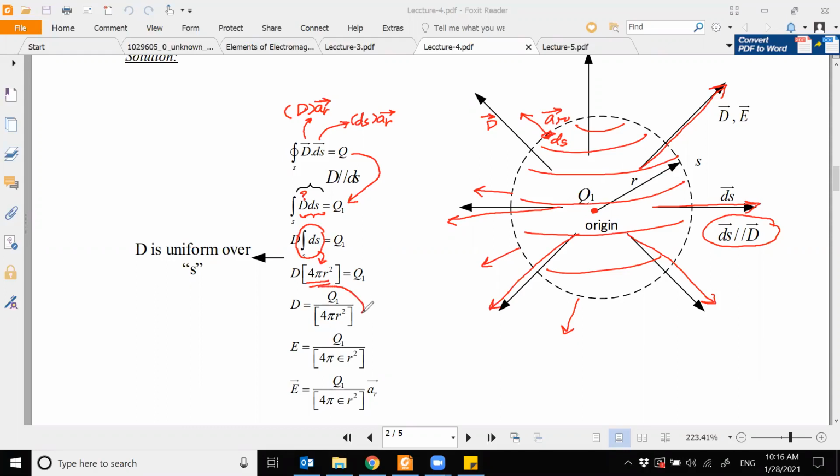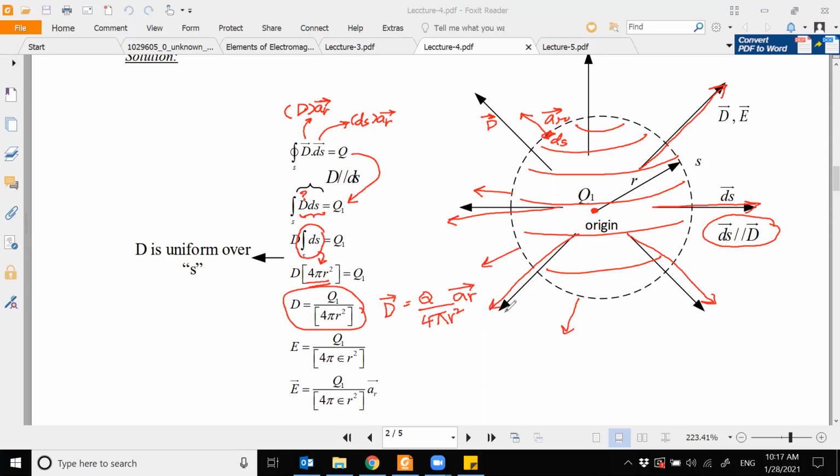This is the magnitude. Now if I substitute, my D bar will be Q over 4 pi r square times AR.